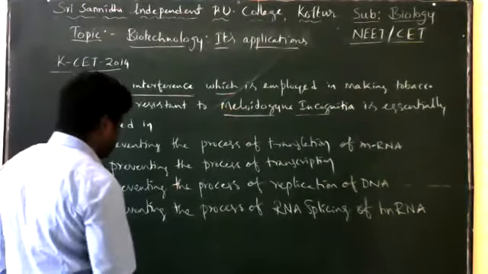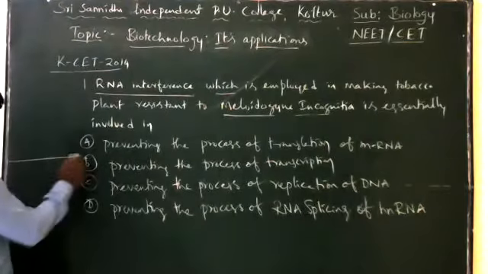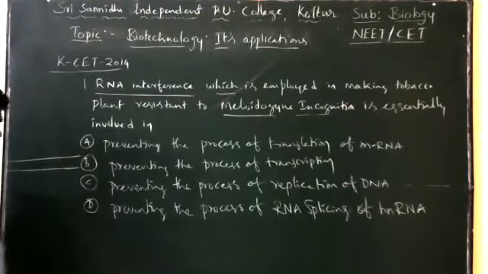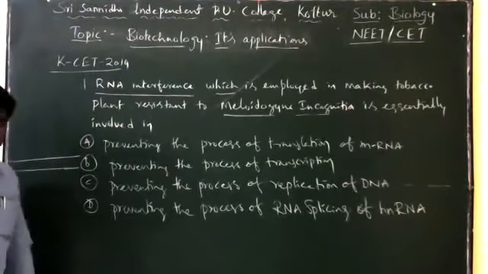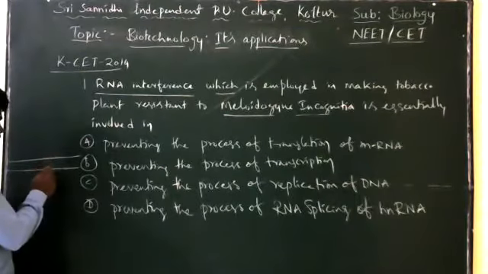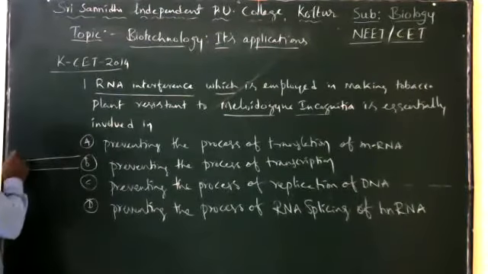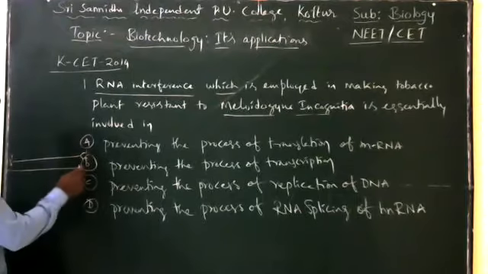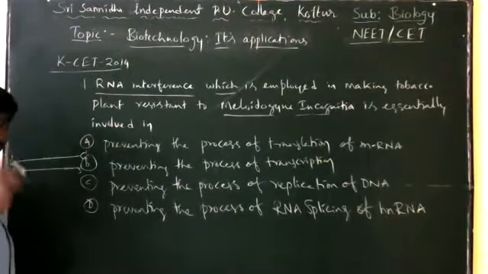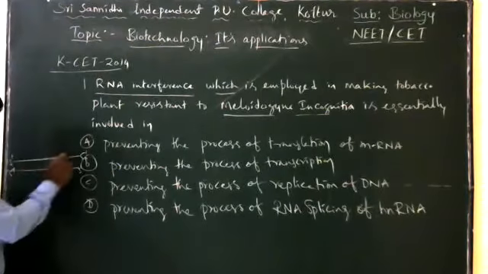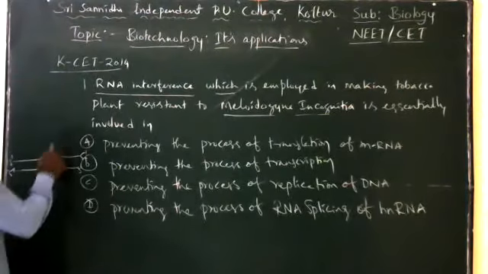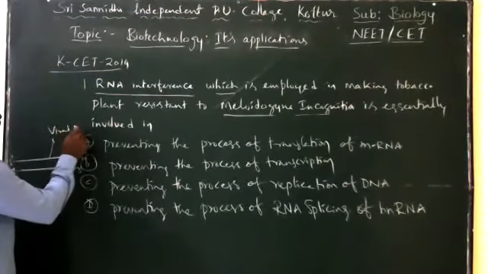RNA interference means the process of silencing specific mRNA so that it is not involved in the translation process. In eukaryotic organisms, actually only one DNA strand is involved in the synthesis of mRNA, but here two DNA strands participate. Why? Because this DNA is a viral DNA.